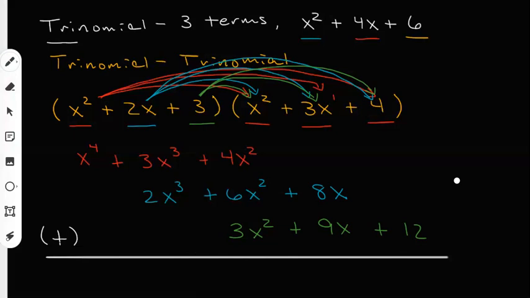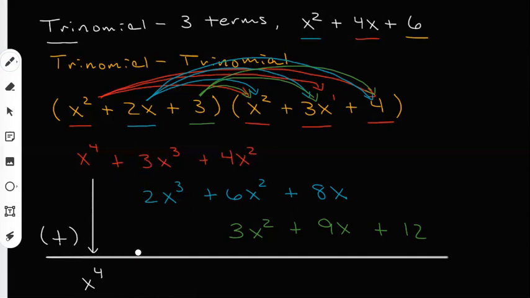We're going to start on the left side and work our way to the right side. Starting with the x to the 4th power, nothing is going to combine with that, so I'm just going to bring that down to the bottom: x to the 4th power. Now I move on to the next 2 terms, 3x cubed and 2x cubed. What would happen if I added those up?